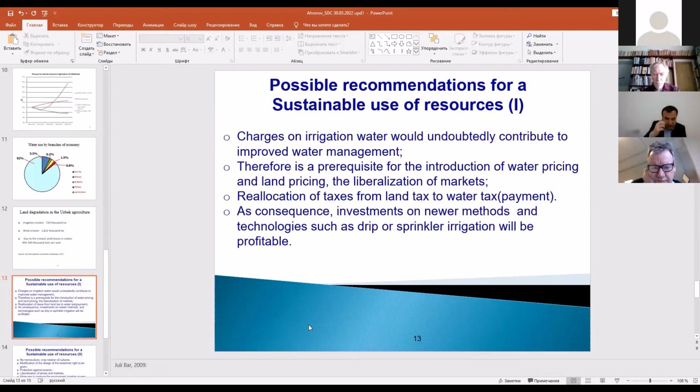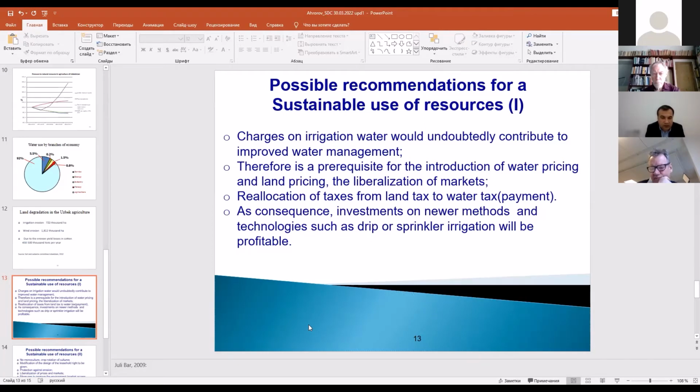Really low payments are paid for water. If we introduce water pricing and land pricing in liberalized markets, there will be a market for these commodities, and we propose reallocation of taxes from land tax to water tax or water payment.